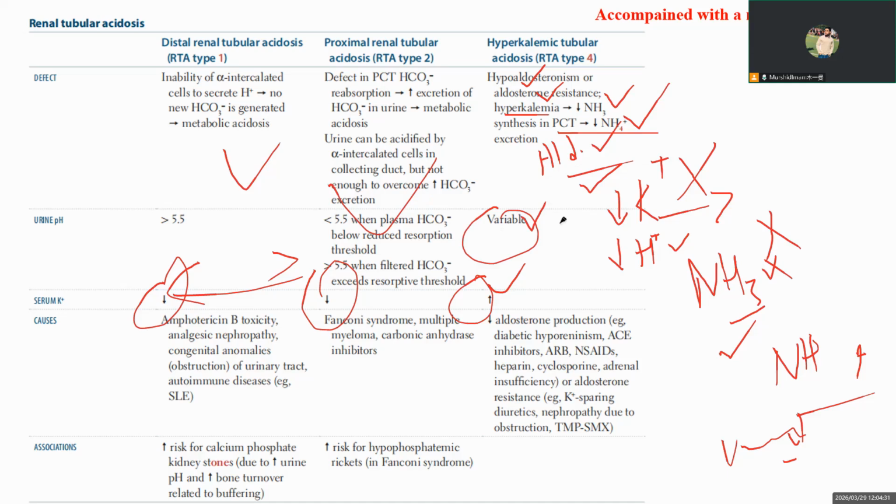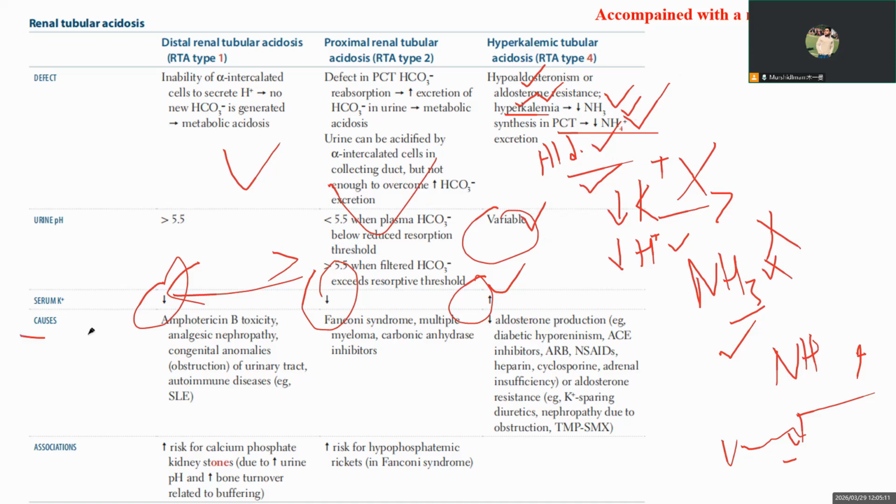So in type 4 RTA, the pH could be variable. Why is that? Do remember only one reason: the distal acidification mechanism is still structurally intact. The collecting duct can acidify the urine if given the right stimulus, but because of the hyperkalemia and the reduced ammonia, the total secretion is nonetheless impaired.